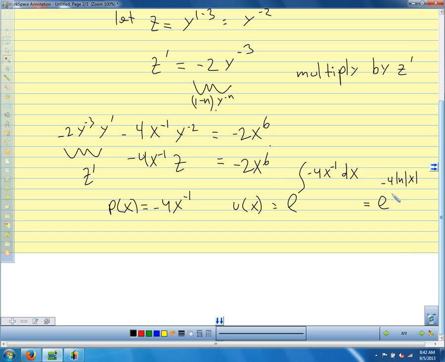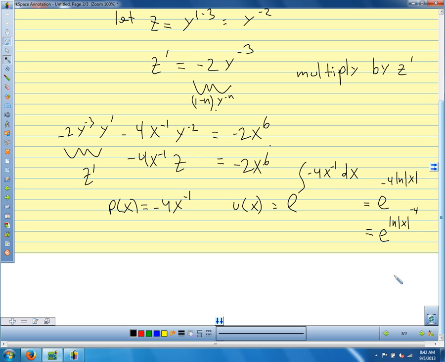I can rewrite this. How do I rewrite this? This is a place where a lot of people make mistakes when we're working with these differential equations, because this factor comes up a lot. How do I rewrite this? The 4 becomes an exponent. So this is e to the natural log of the absolute value of x to the minus 4th.